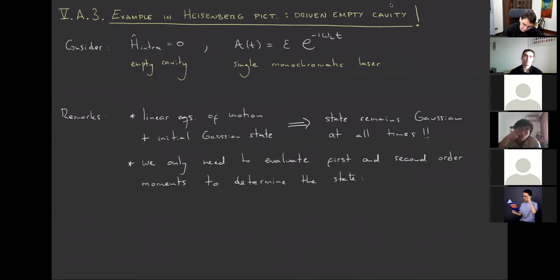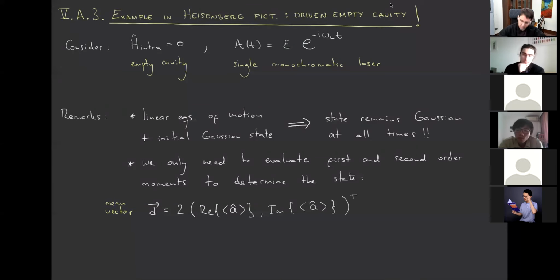In particular, as I was saying, we have to determine what we call the mean vector of the Gaussian state, which I remind you is just 2 times the real part of the first order moment in terms of the annihilation operator, and the imaginary part of the same. So that's the mean vector of the Gaussian state.